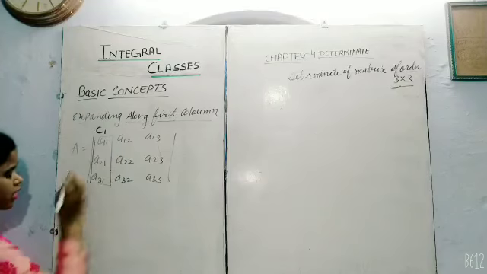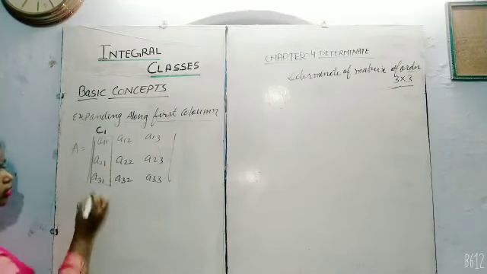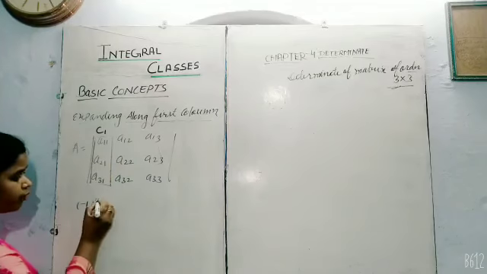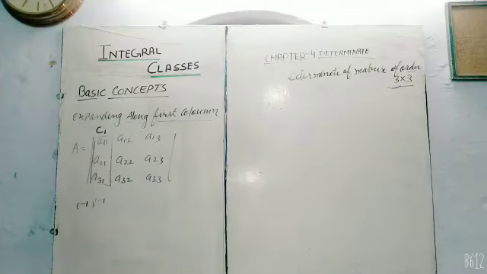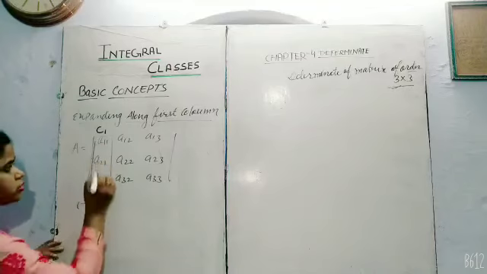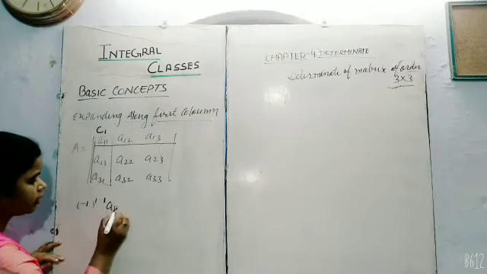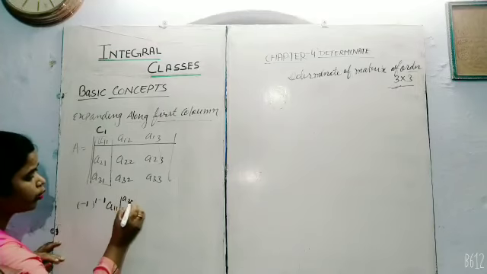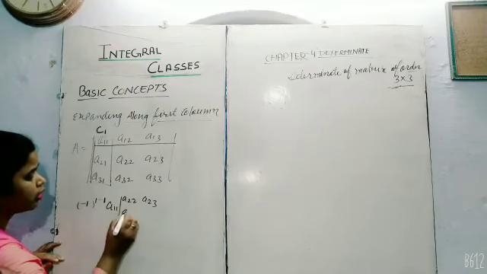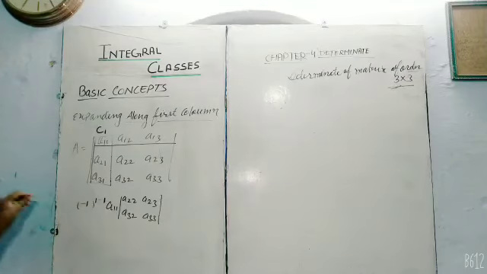Now, for the first element, minus 1 exponent 1 plus 1, we should write firstly. Now we delete the first row and first column. So the remaining are A22, A23, A32, A33.